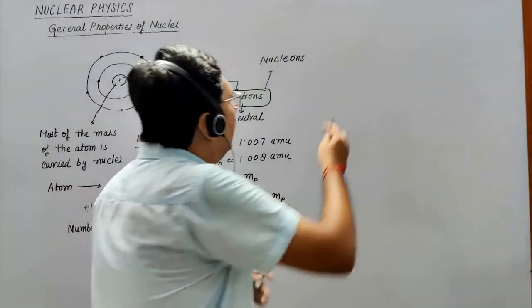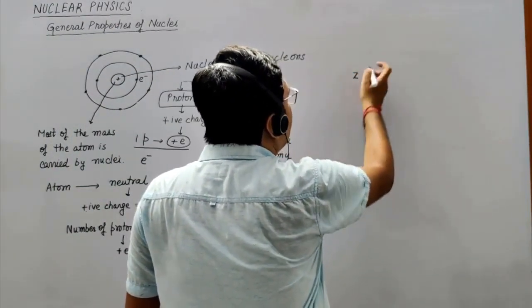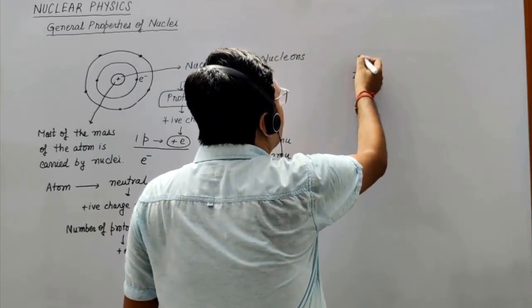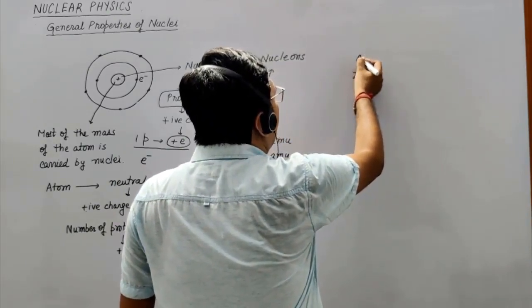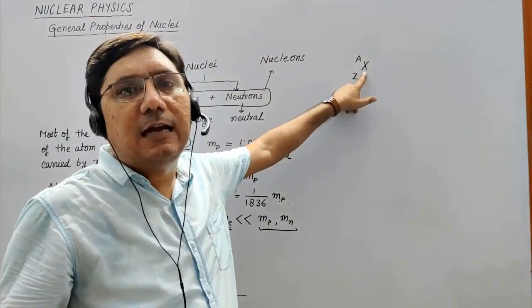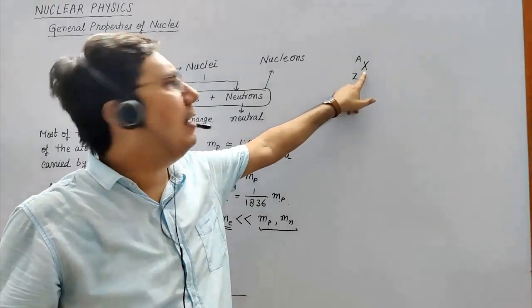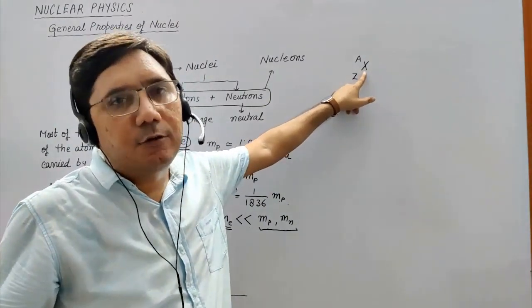So, the general procedure to represent a nuclei is ZXA. This is the general notation of a nuclei. Here, this X is any particular nuclei. It can be hydrogen nuclei, it can be carbon nuclei, it can be nitrogen nuclei. So, this X is an arbitrary nuclei.